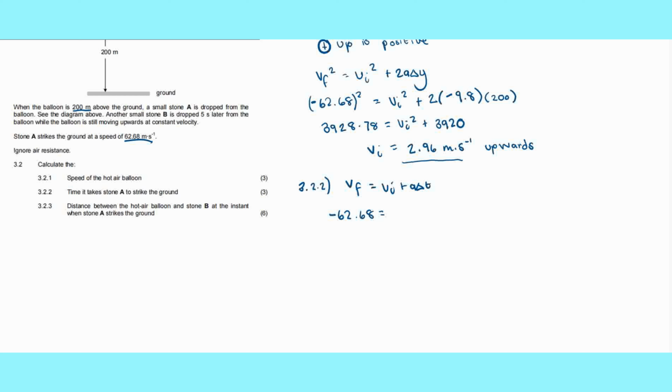And this is going to be positive because stone A was traveling upward before it was dropped, and because we chose up as positive.